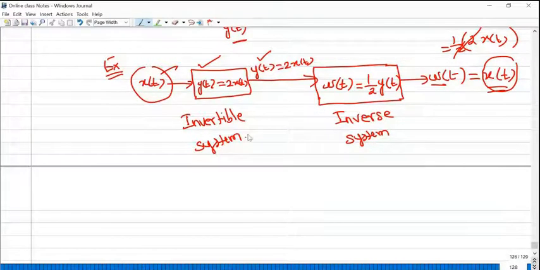Okay, don't worry. While solving the problems, you can understand clearly. I'll write down the definition here.